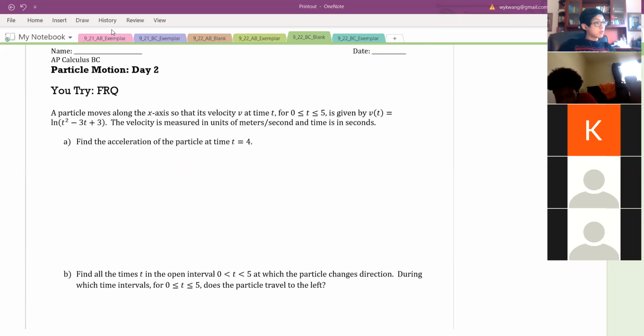Once you think you have an answer, you can message or chat your answer to me, or just chat your name. I think for this problem, finding the actual derivative might be the most challenging part. But if you're able to do it, it's great.